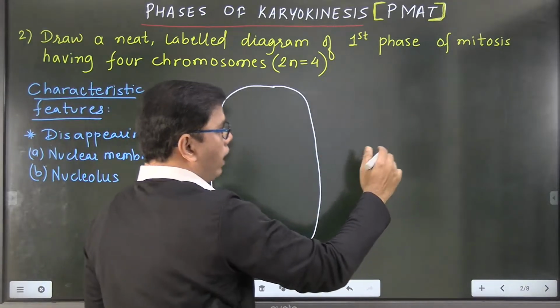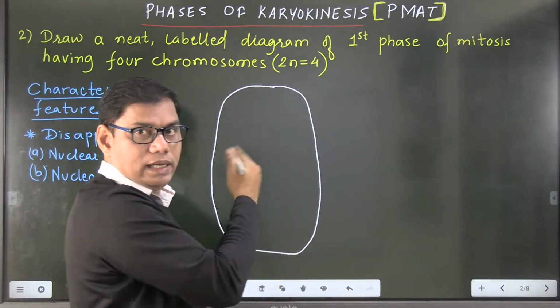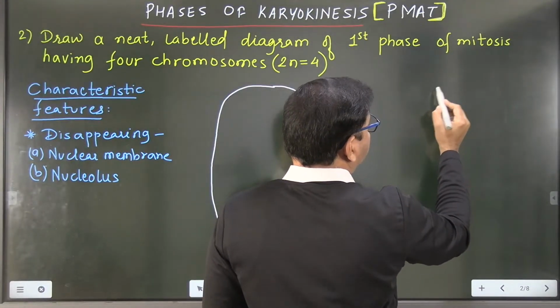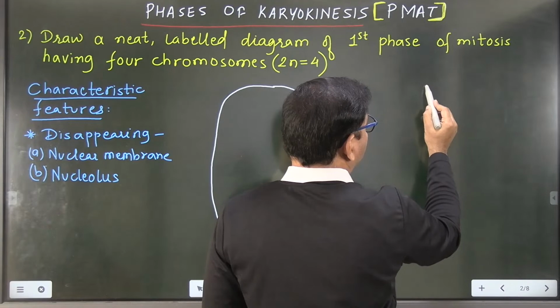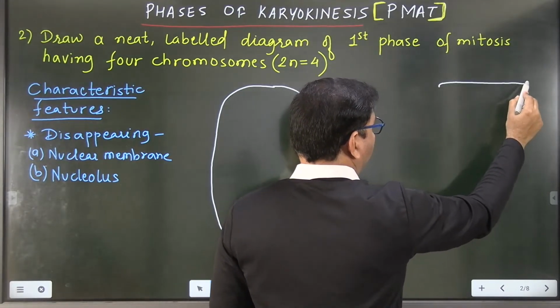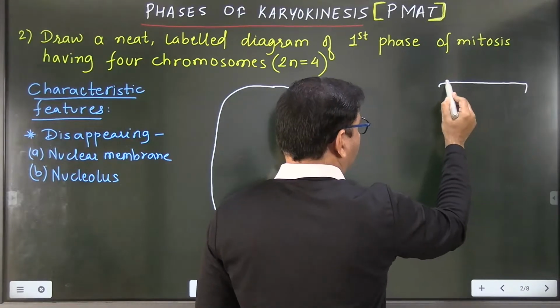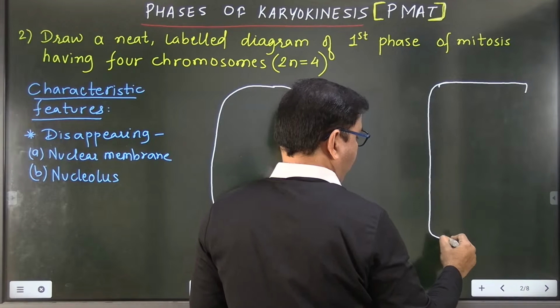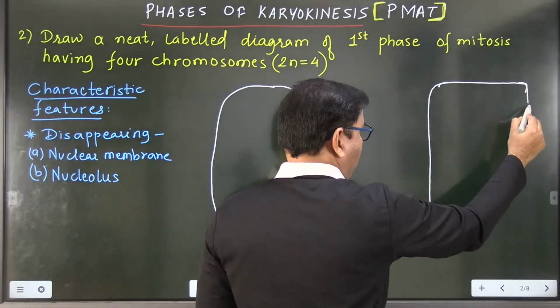We have to label the parts in between. On this left side of your page, you draw this for the animal cell, and then comes the plant cell. For the plant cell, draw this sleeping line, then a curve at the edge.